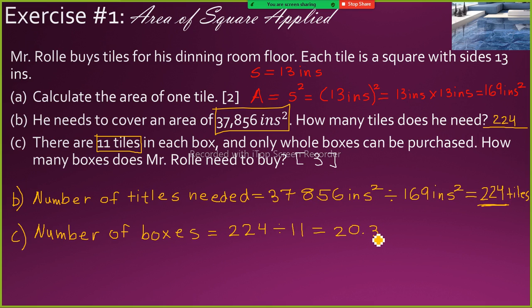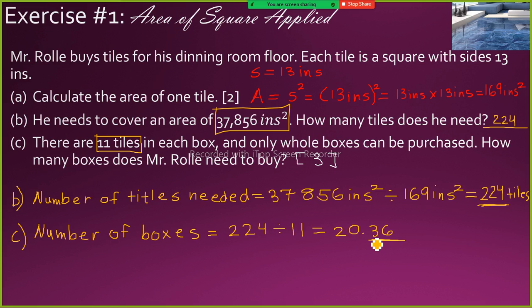Now, 20.36, remember, they don't sell it like that. They can't go there and say, oh, I want 20.36 tiles. They sell it like whole boxes. You understand? So he can't get 20.36. He had to get 20 or 21. So how many should he get? 20. Okay, if he gets 20, remember, this 0.36 means that he still would have some remaining. So all the space won't be covered if he gets 20.